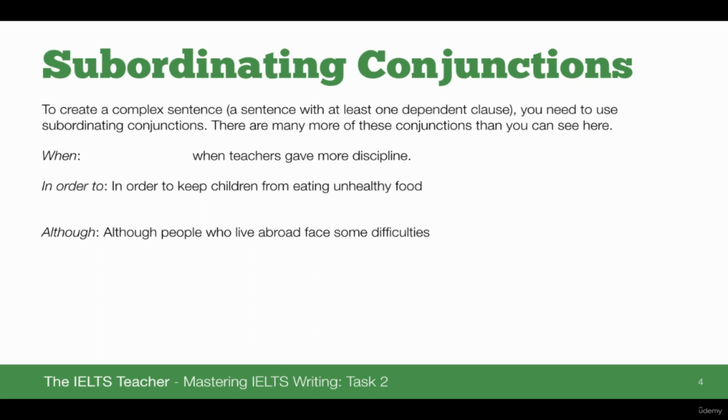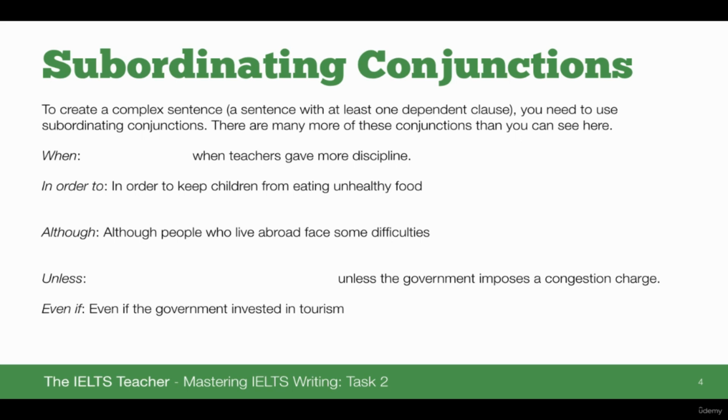Although people who live abroad face some difficulties, unless the government imposes a congestion charge. Even if the government invested in tourism, and before moving abroad. So you can see here that each one of these clauses is a dependent clause. It's dependent on another part of the sentence to make sense. That's what we're going to look at now.